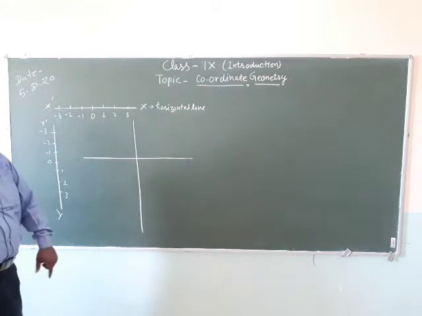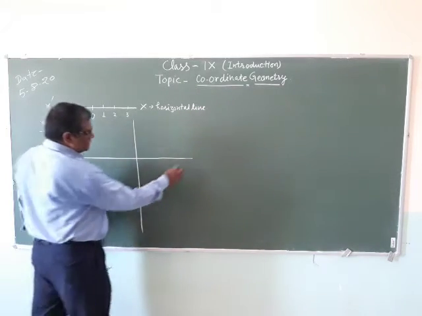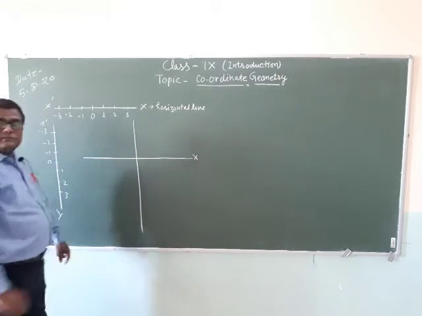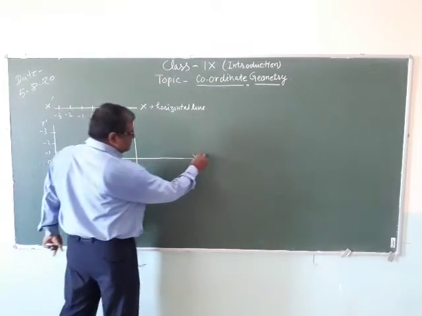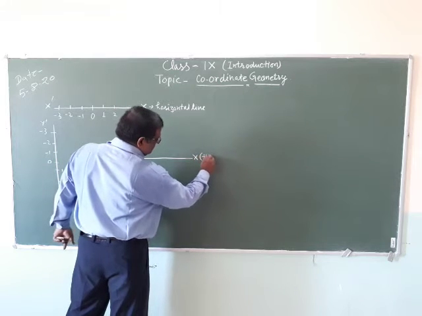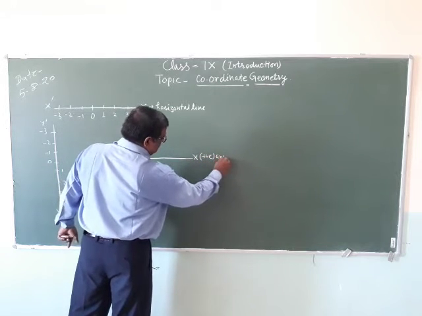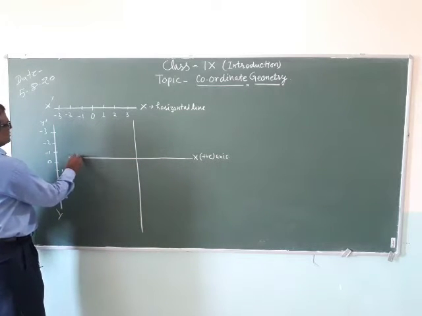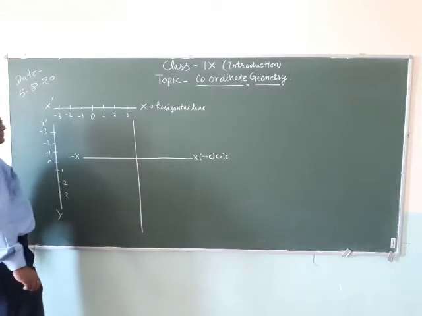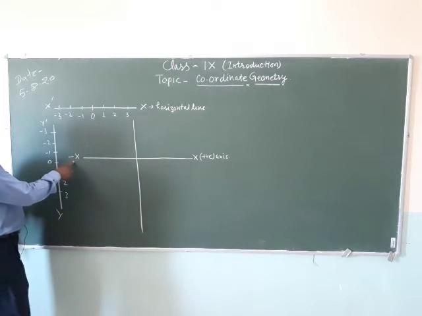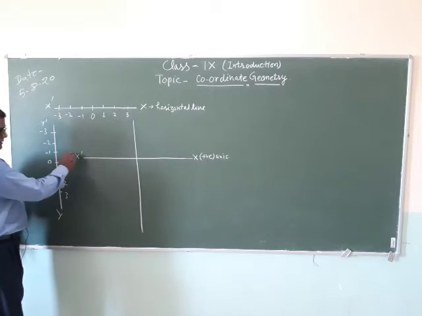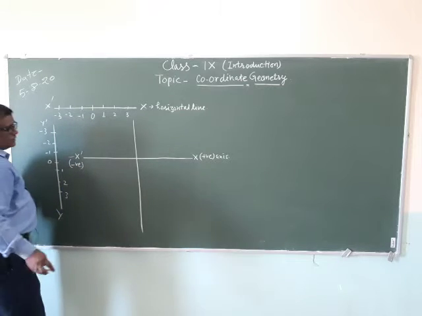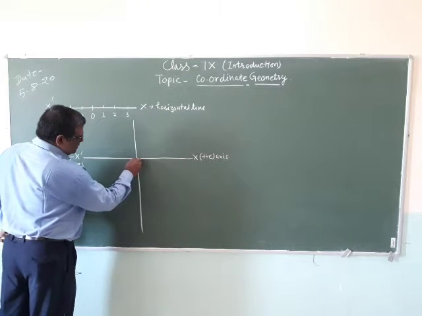This is the x axis, that is the positive direction of the x axis, and here this is -x, the negative direction, or x dash, that is negative, and this is the origin.